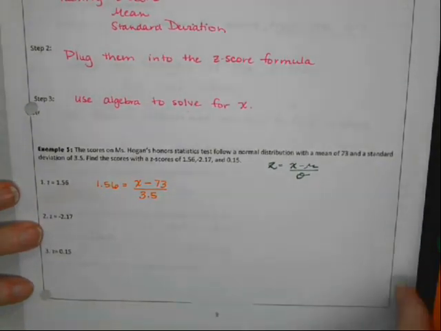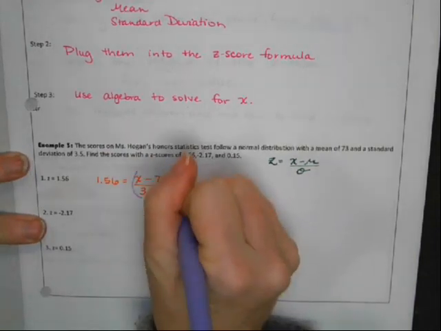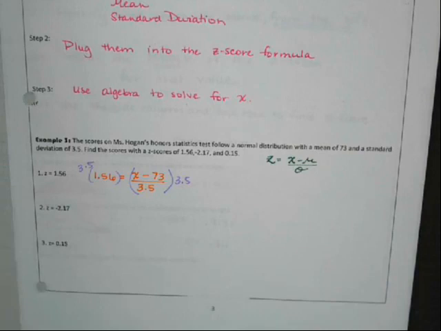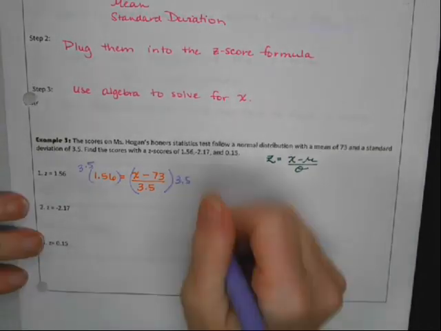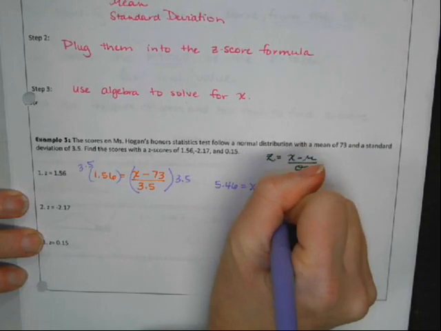So what should I do first? Multiply. So I get 5.46 equals x minus 73.